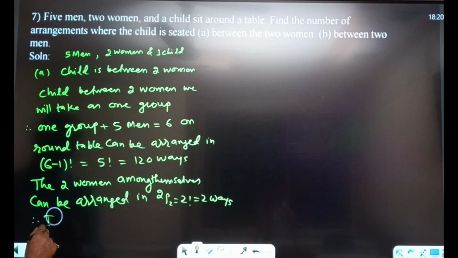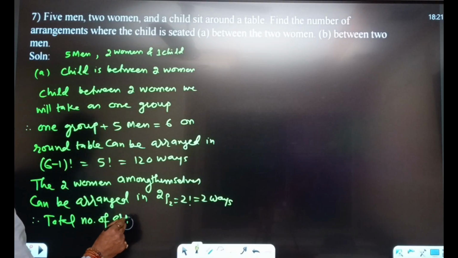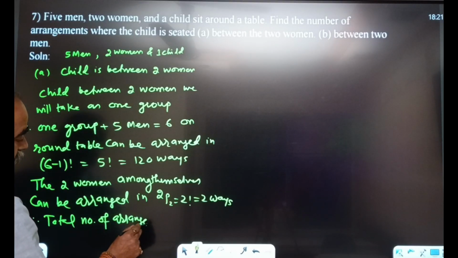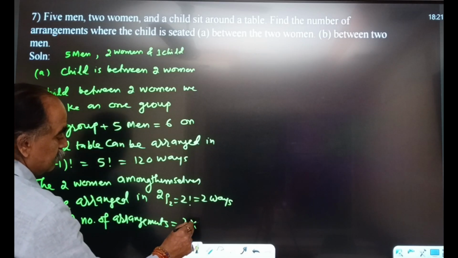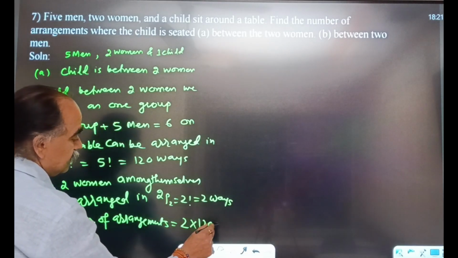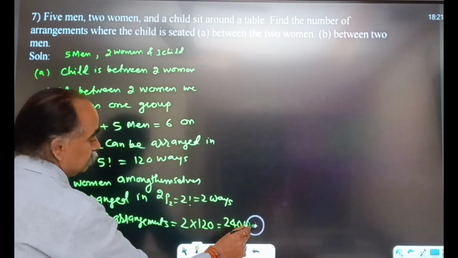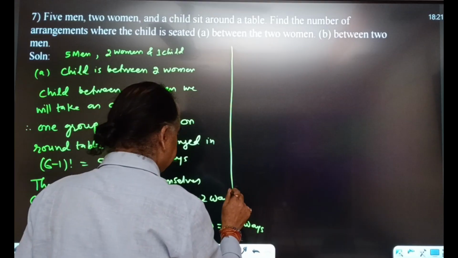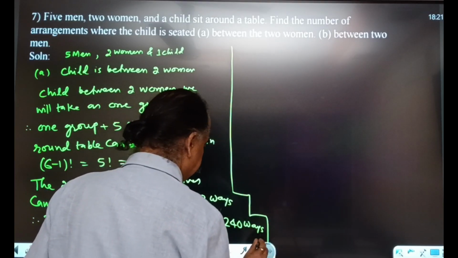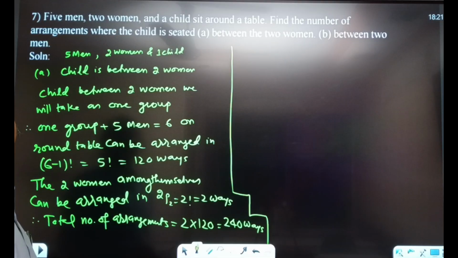Therefore, total number of arrangements is equal to 2 into 120, which is equal to 240 ways.